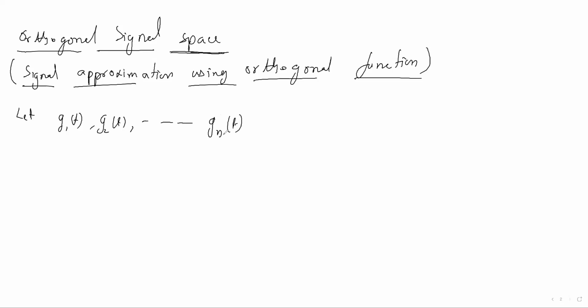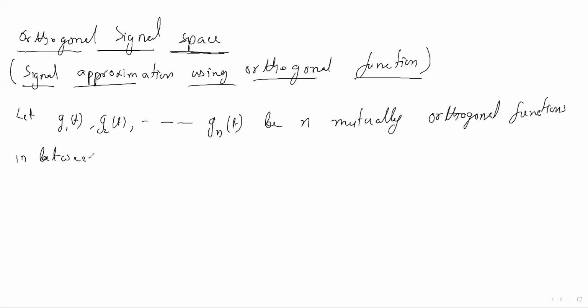Now we are taking n number of functions, n mutually orthogonal functions. We have taken these functions as orthogonal, and we are taking n number of functions. Then what will be the relation between them?